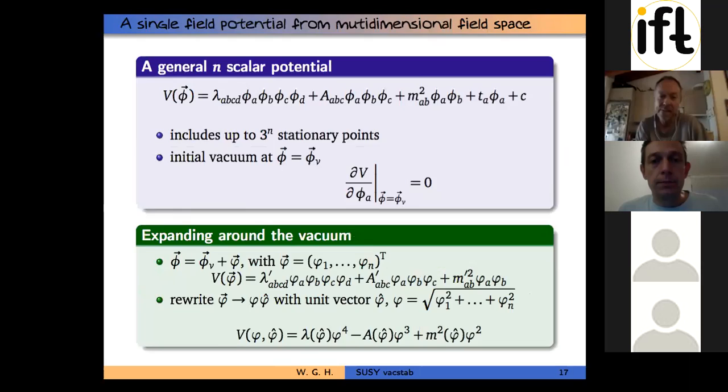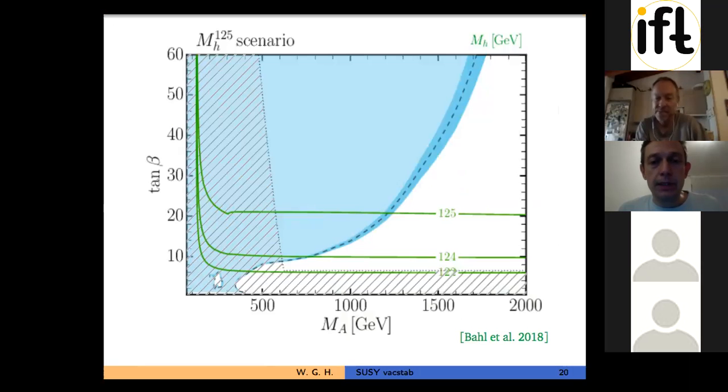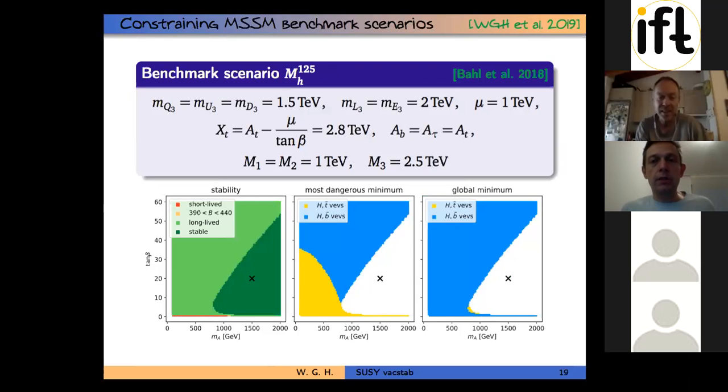So I don't know if these plots that I showed before are excluded when you take more constraints into account. Okay, but if you find the answer, please let me know. I would be curious about it.